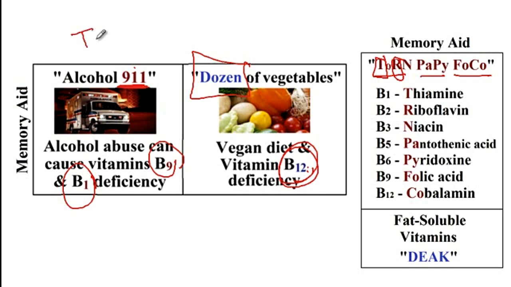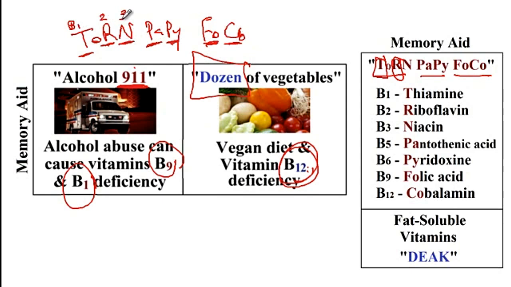So without looking at the table there, we have thiamine, riboflavin, niacin, pantothenic acid, pyridoxine, folate, as well as cobalamin. And so that would be vitamin B1, B2, B3, B5, B6, B9, and then finally B12. And then vitamin B7 is not listed here, but vitamin B7 would be biotin.